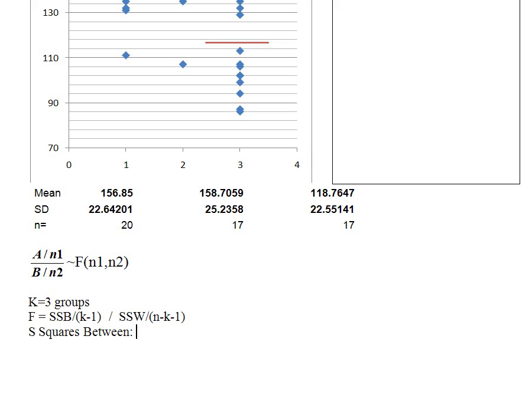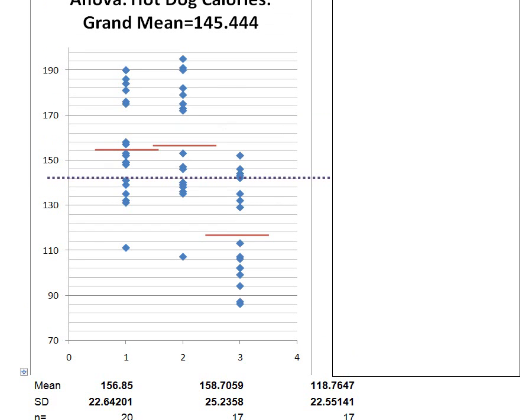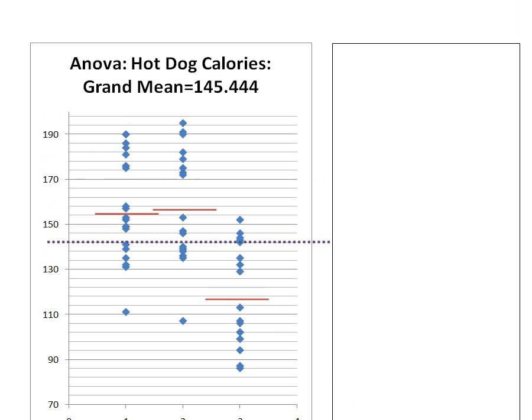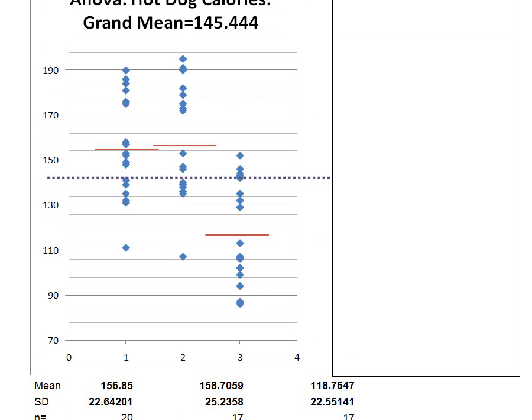is asking, like in this picture, between groups we're looking at the difference between the red lines and the overall average. Because if they all have the same average, the hot dog mean of all groups should be somewhere around 145.44, right? So we're seeing how far each group is away from the overall mean.